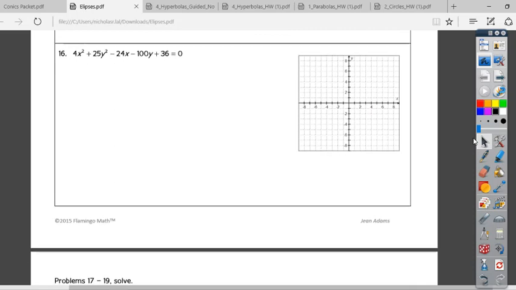For 16, we'll have 4 factored out of x squared minus 6x plus -3 squared is 9, plus 25 factored out of y squared minus 4y. -4 divided by 2 is -2. -2 squared is 4 plus 4.